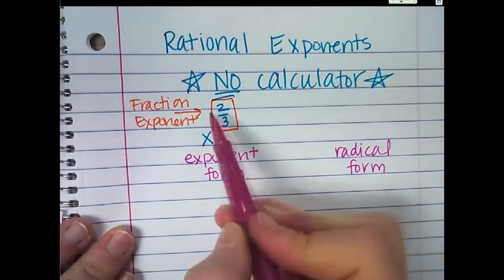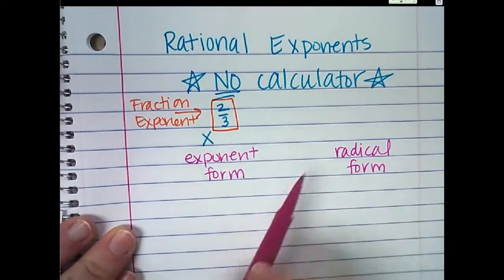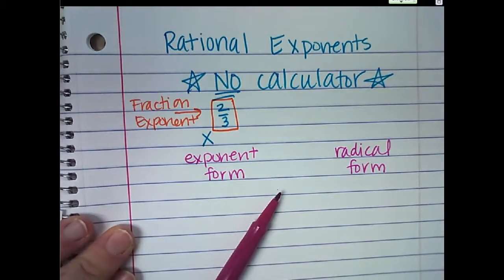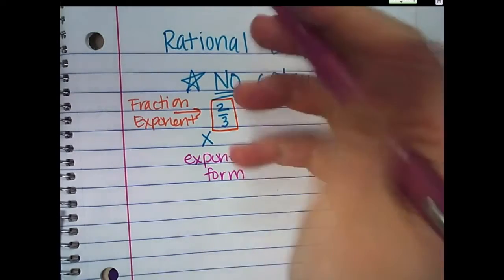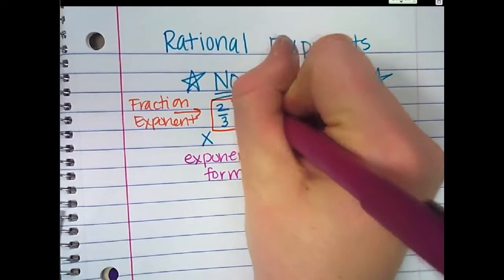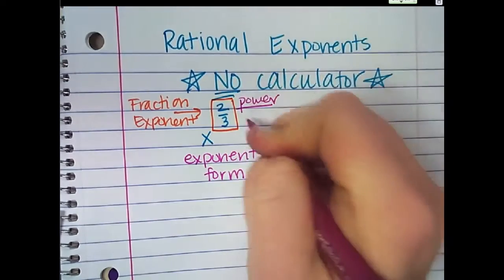When you have your fraction up here, like the 4th root of x to the 12th, what did you do with that 12 and that 4? You divided it: 12 divided by 4, which is power divided by root. That is the same exact thing as what we're doing here. My fraction here is power divided by root.